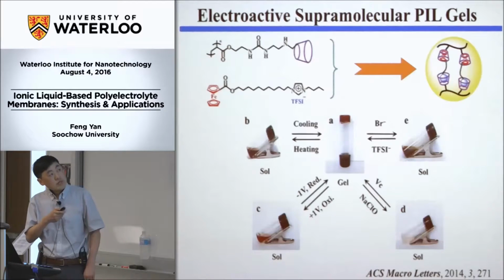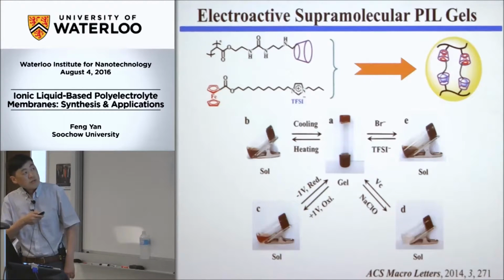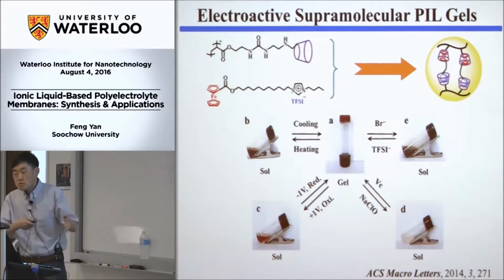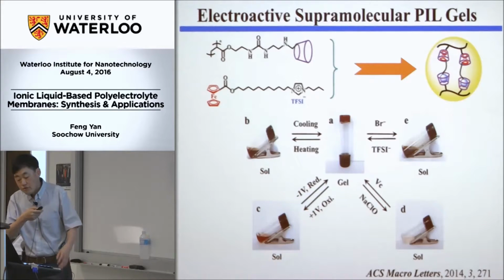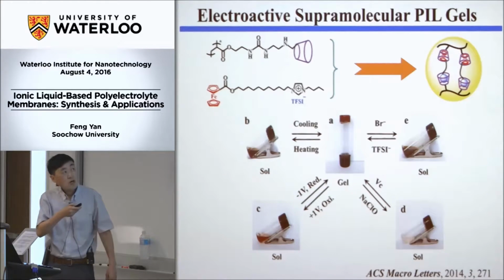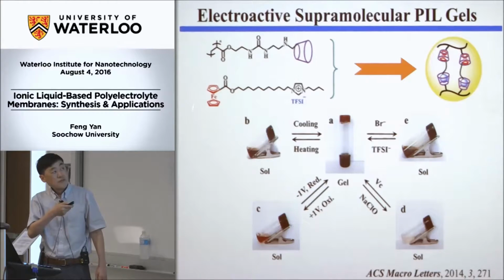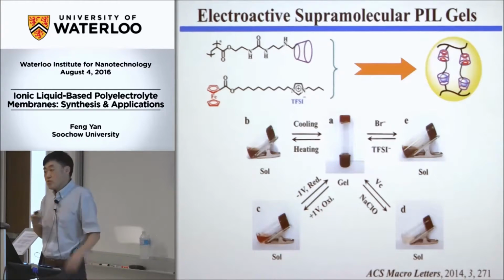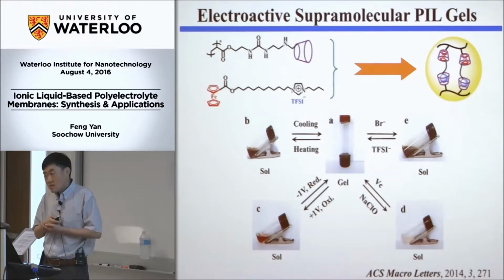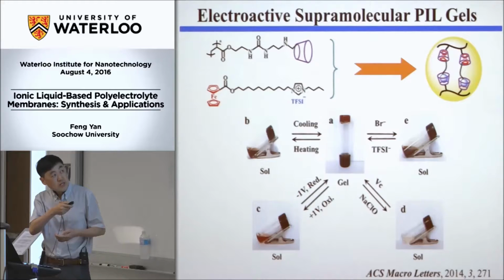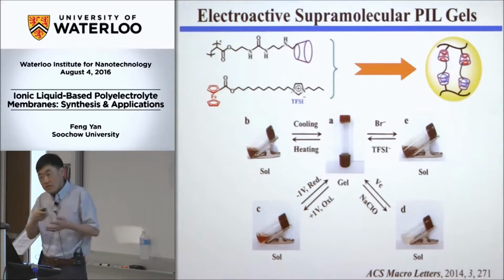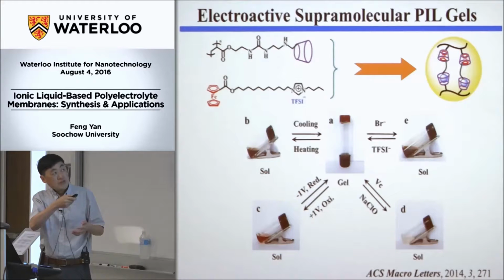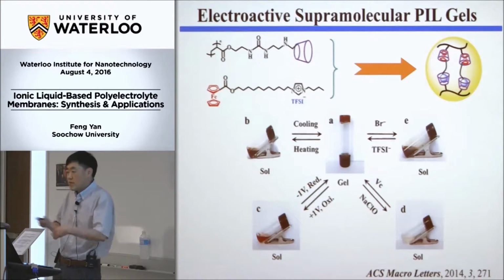So we asked, is it possible to just attach the ionic liquid groups to the guest or host compounds? For example, it is very well known that ferrocene can go into the beta CD, and if we attach this one, we can use the electrochemical method to oxidize or reduce ferrocene, and then we can get the gels and the solutions without adding electrolytes.